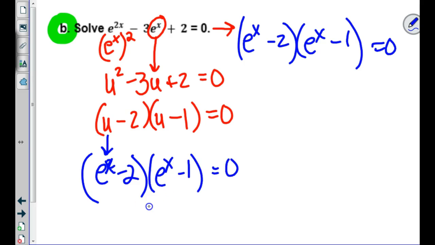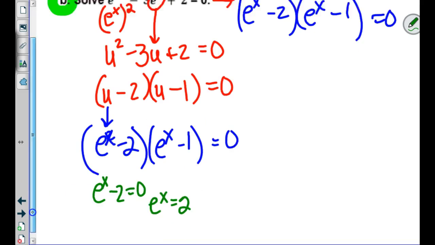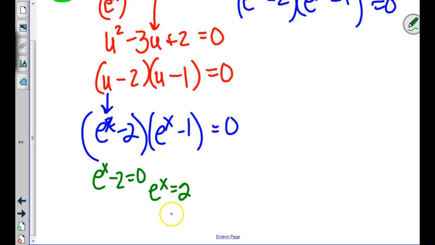Okay, now how do we take each factor being equal to 0? We set this equal to 0, we have e to the x minus 2 equals 0, which means e to the x equals 2. How do you solve when x is in the exponent and you only have one x? Nobody remembers? ln, yep, Myra says take the ln of both sides.